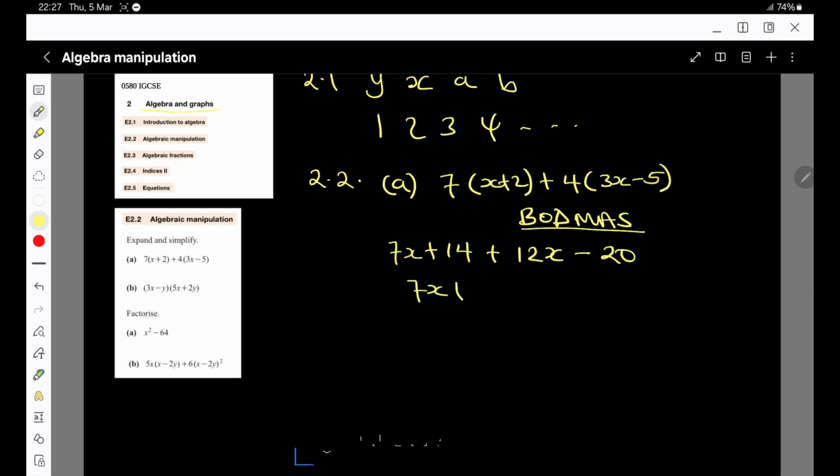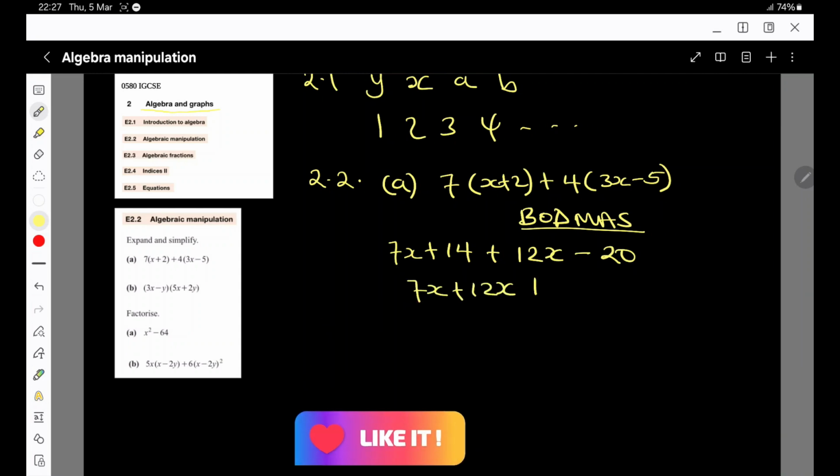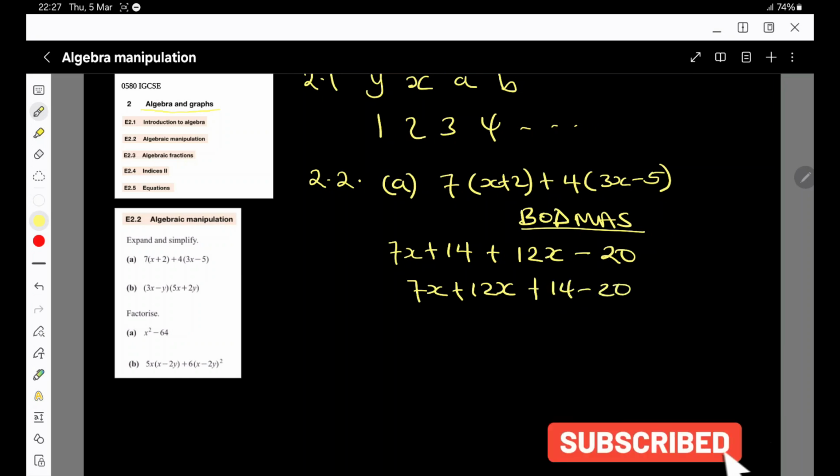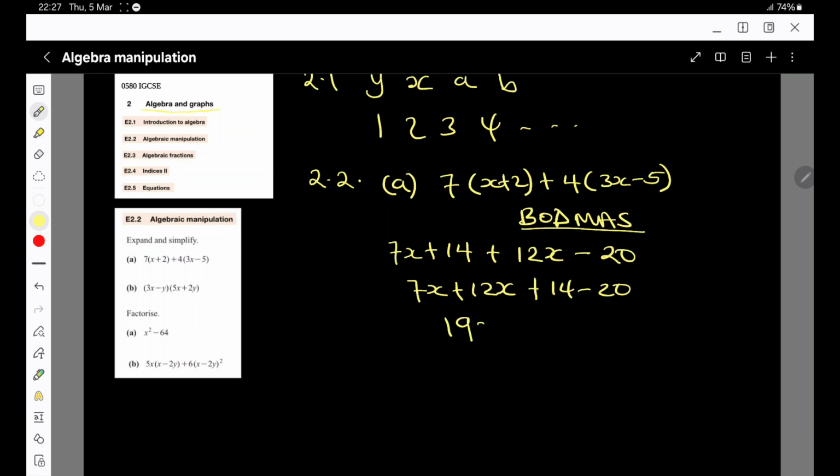This is 7x plus 12x, that's 19x, then plus those without x, which is 14 minus 20, that's a negative 6, meaning our final answer is 19x minus 6.